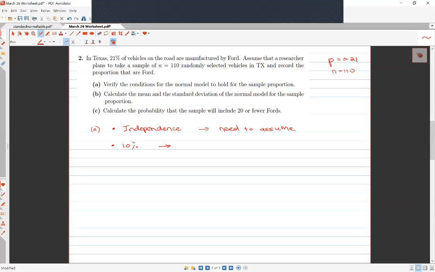So if I have a population of several million and I'm sampling 110, that's definitely far less than 10%. So the n of 110 is much smaller than 10% of the millions of vehicles on the road.